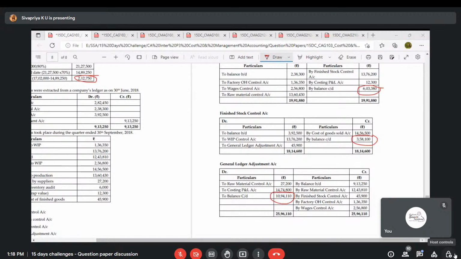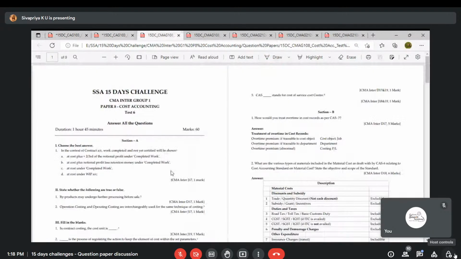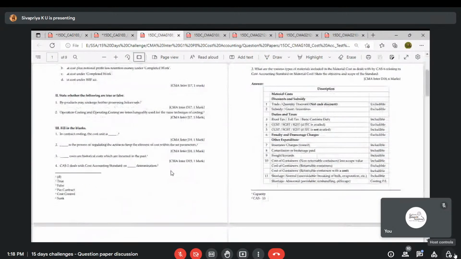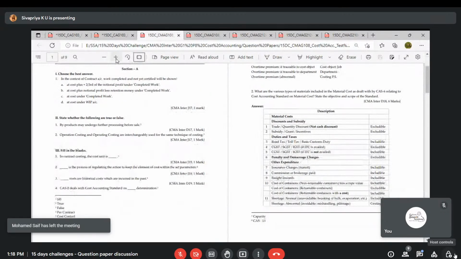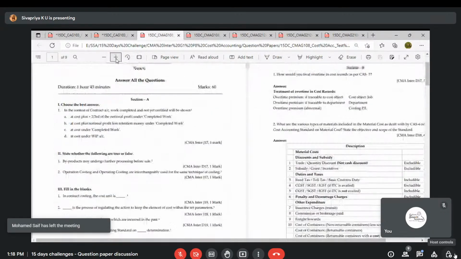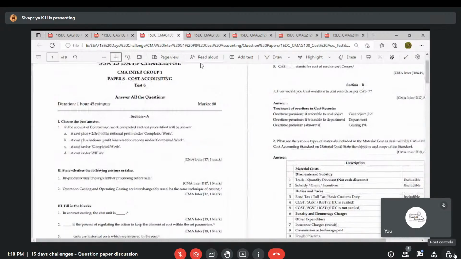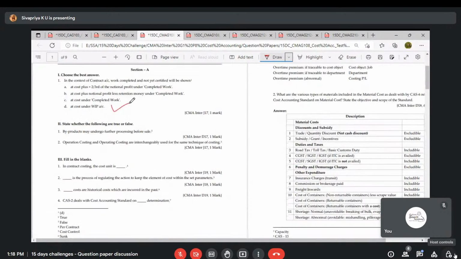Now for CMA. CMA Group 1, paper number 8, cost accounting, test number 6. Answer for 1 is D. This is true.